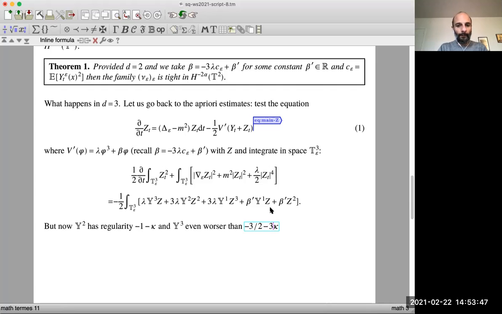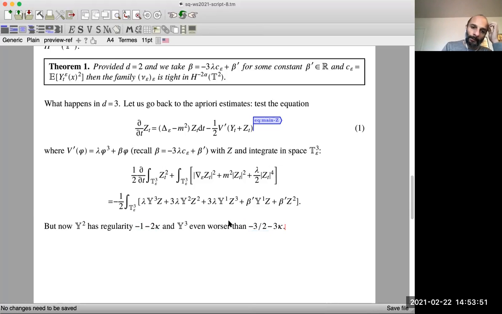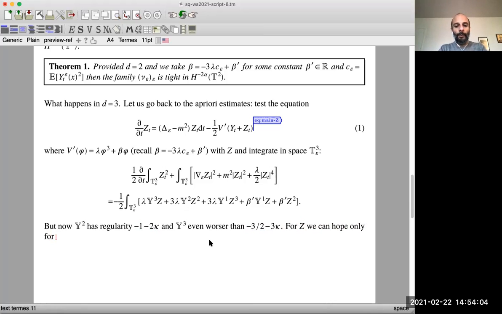Actually, let's say 3 kappa here, 2 kappa here, because in some sense it's not defined at a given time. So these two terms are too irregular. For z we can obtain only H1 regularity from this estimate. So that's the problem.